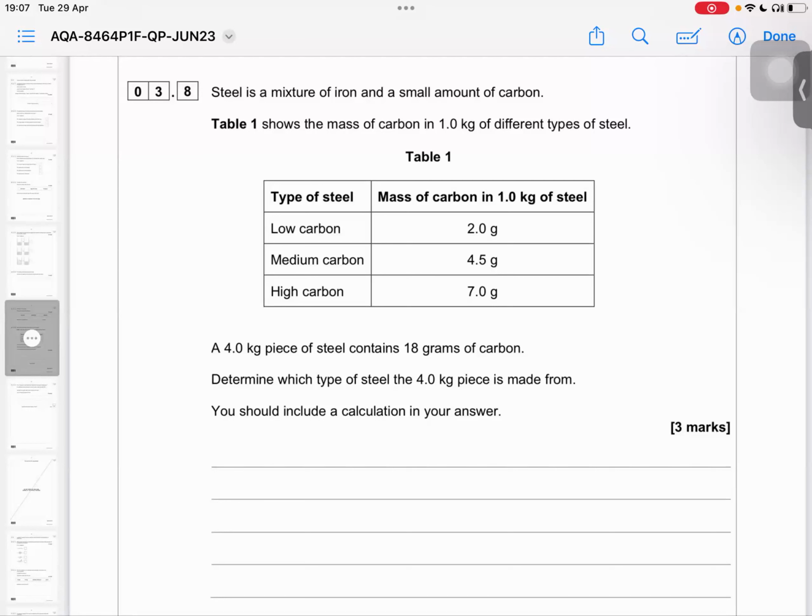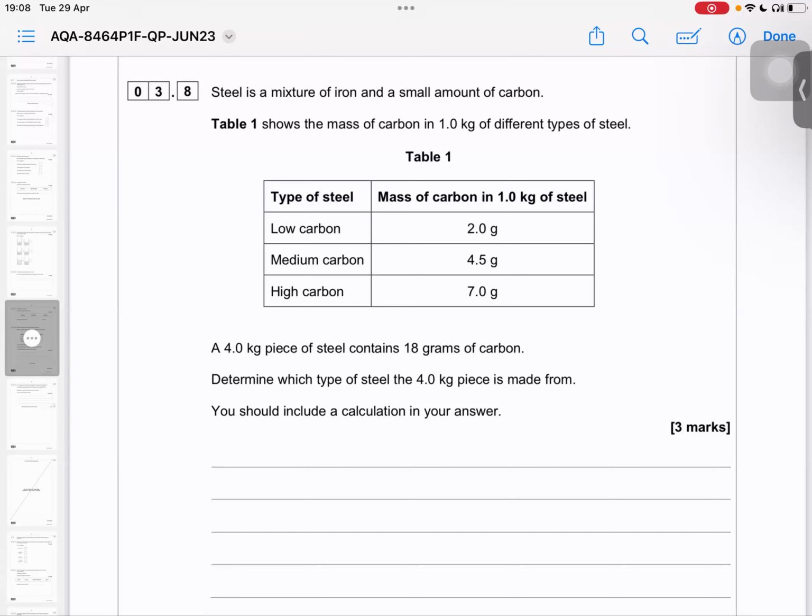Okay, all right. So our calculation is what is going to show that we are agreeing that it's medium carbon. So 18 divided by 4.0 is what tells us what it is. Are you taking a look at the marking scheme? Yeah.